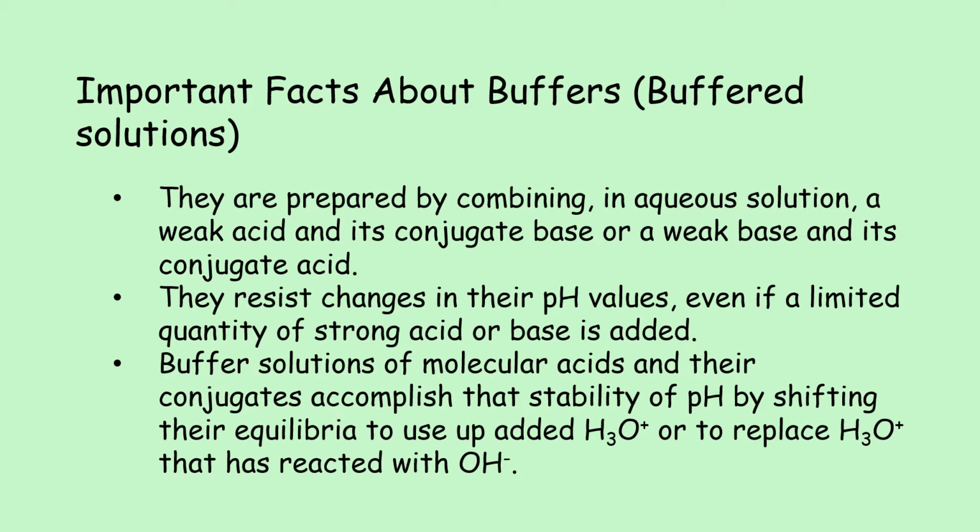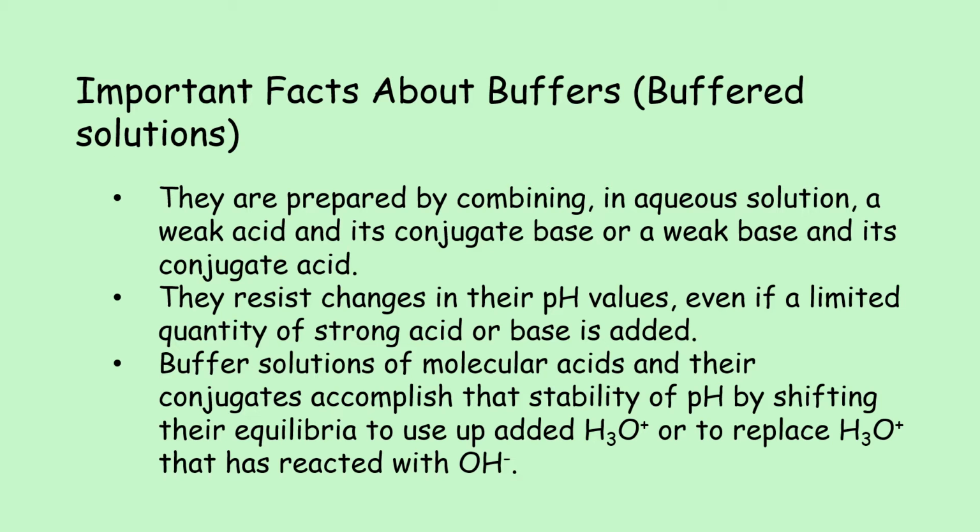And then, buffer solutions of molecular acids and their conjugates accomplish that stability of pH by shifting their equilibria to use up added hydronium ions or hydrogen ions, or to replace these hydronium ions or hydrogen ions that have reacted with the hydroxide ions.